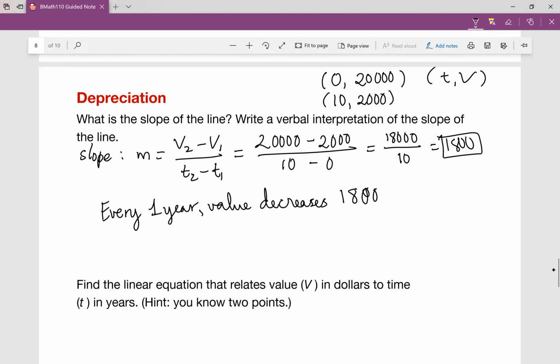Oh, is that a decrease? I should have a decrease. This should be 2,000 minus 20,000. Yep. So then this is negative.